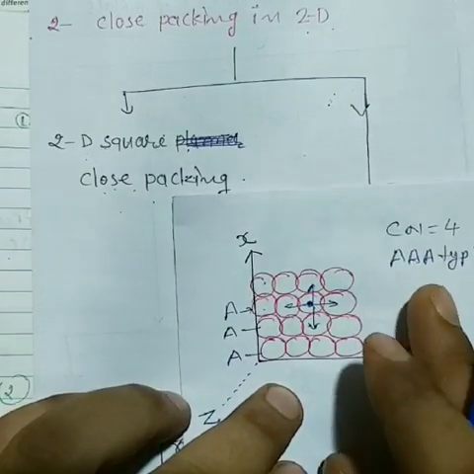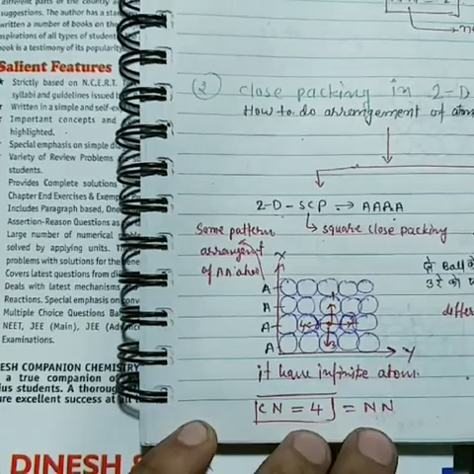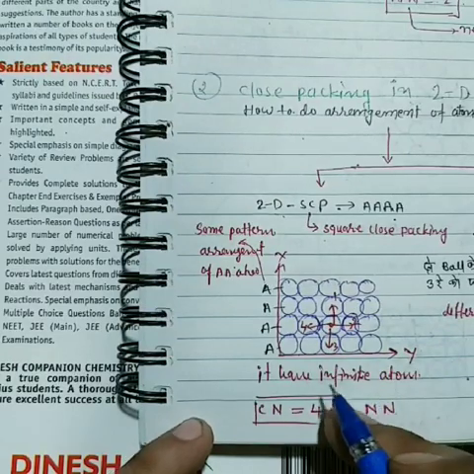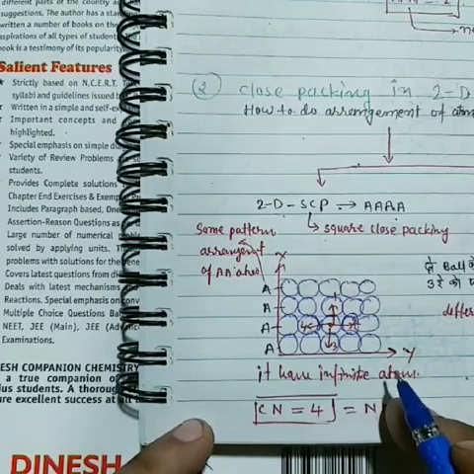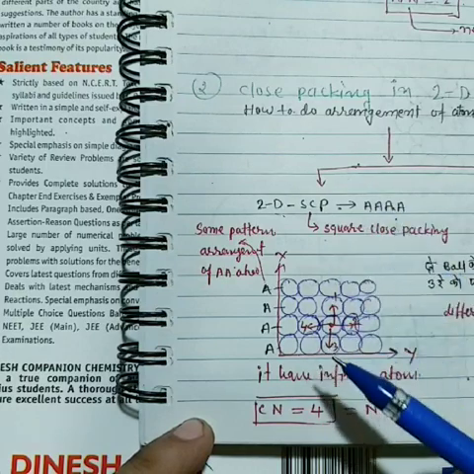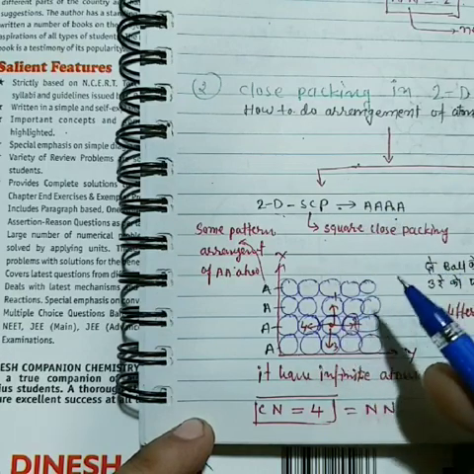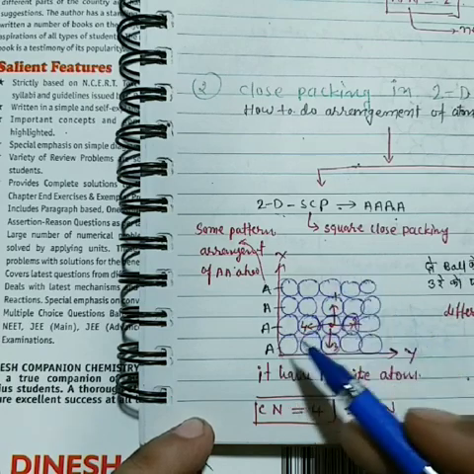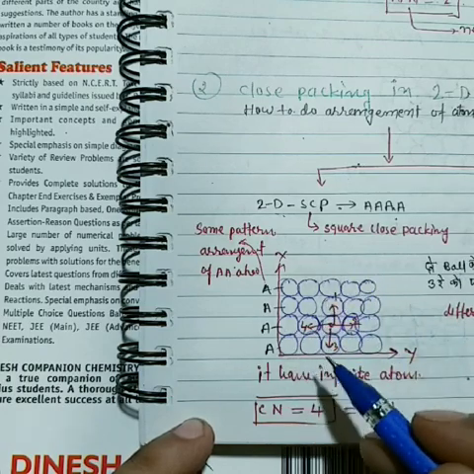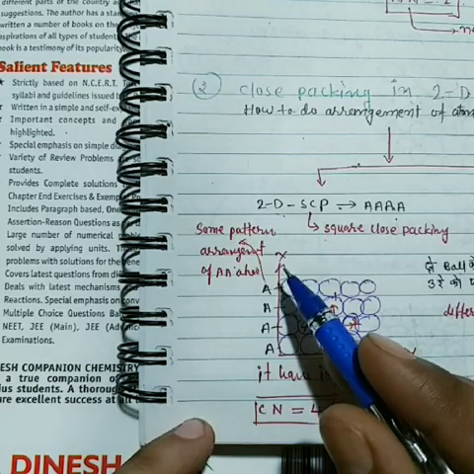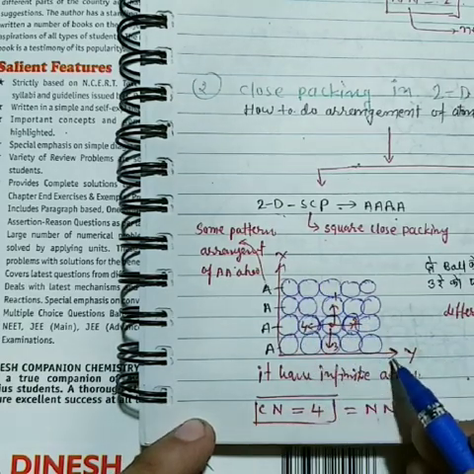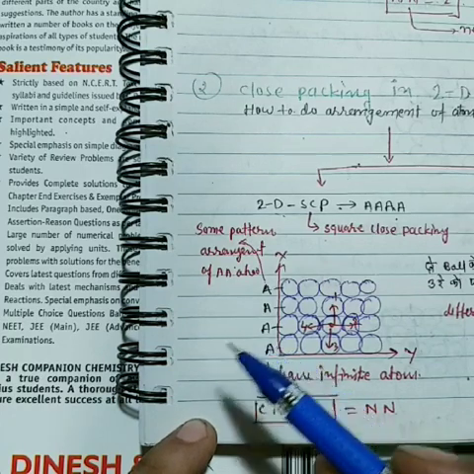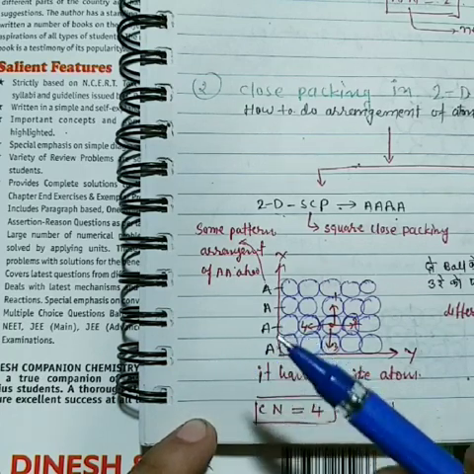Here it is very important, students. It has infinite atoms, just like 1D. That means they go on more and more. All of these I am drawing here, and it is 2D. That means x, y and z are not all present in 2D; the height is absent.